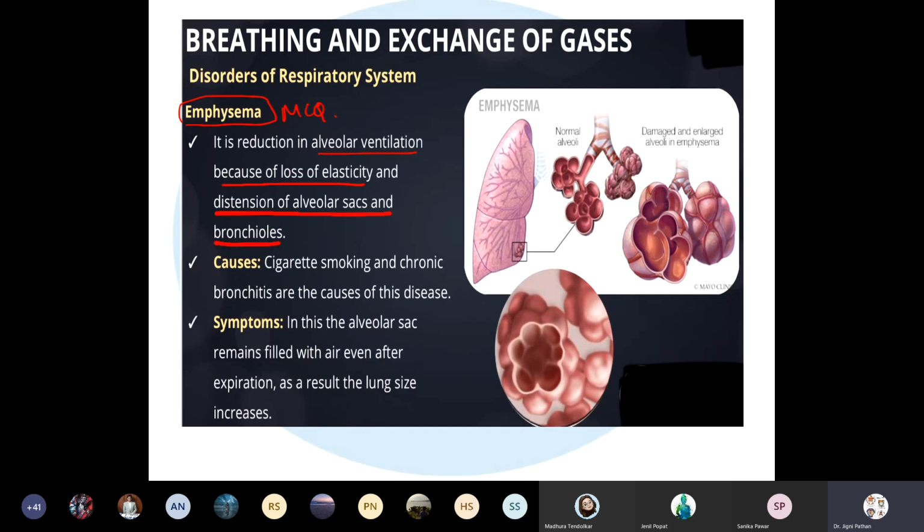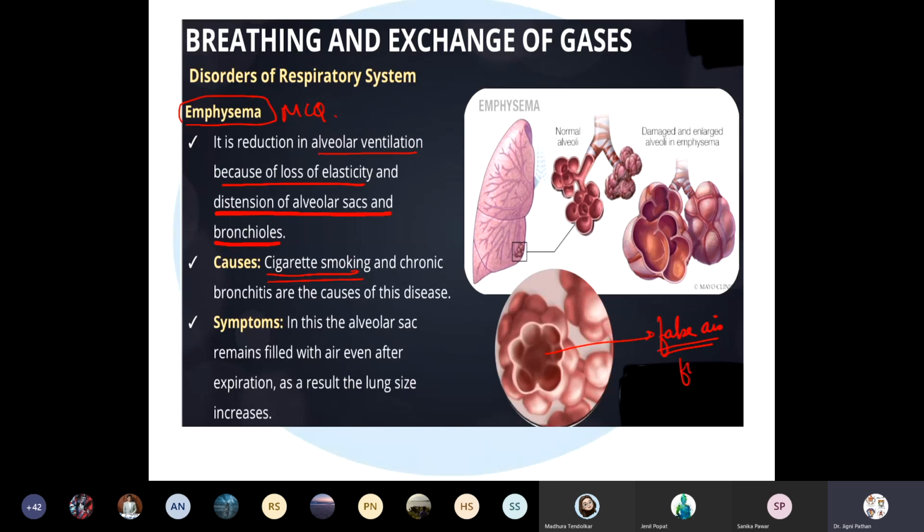Basically, it is seen in cigarette smoking. Here, the lungs are not filled with mucus, but they are filled with bad air.